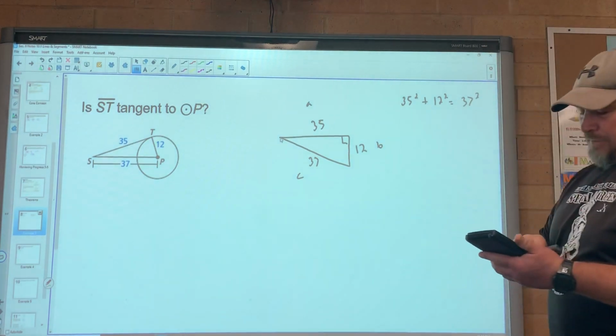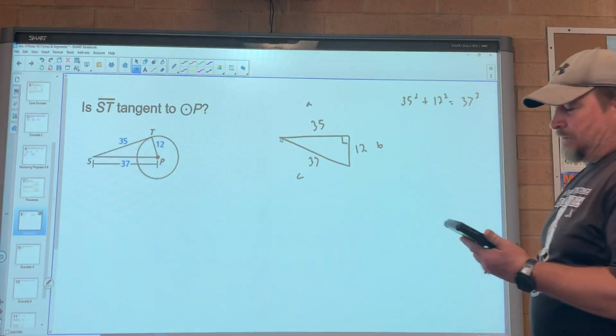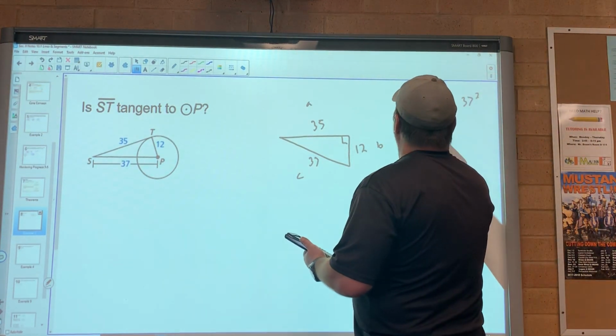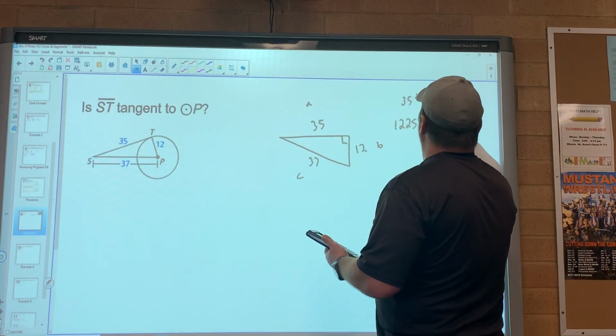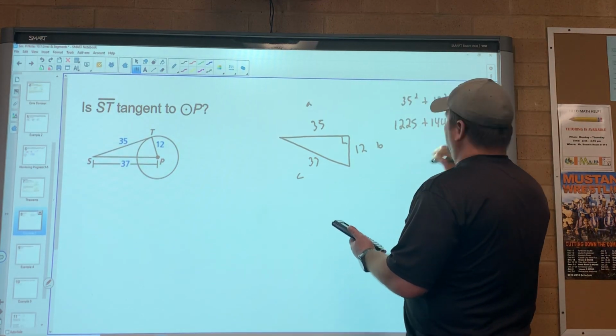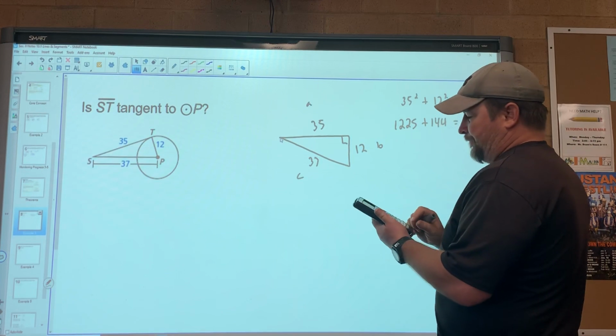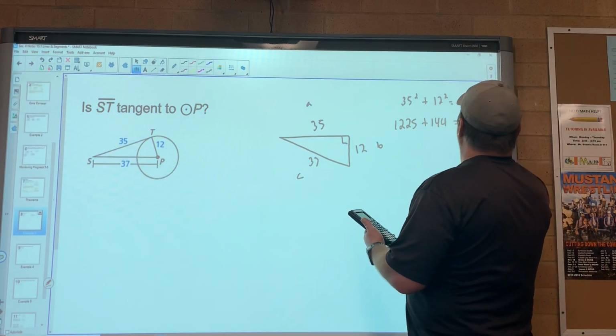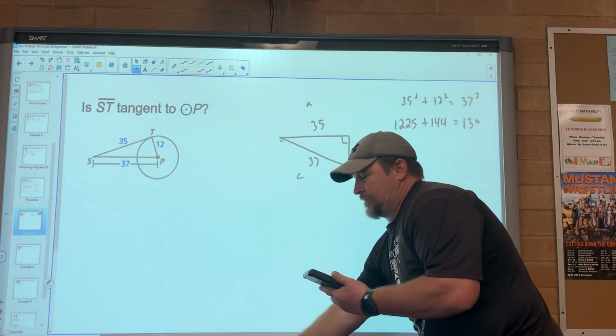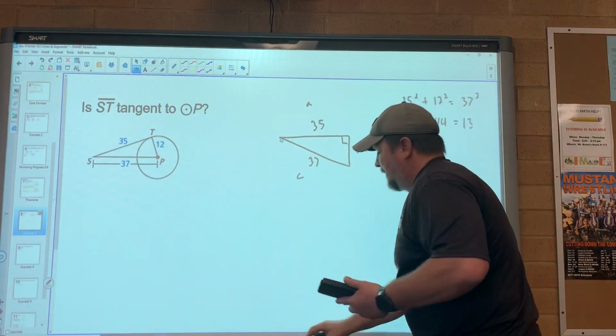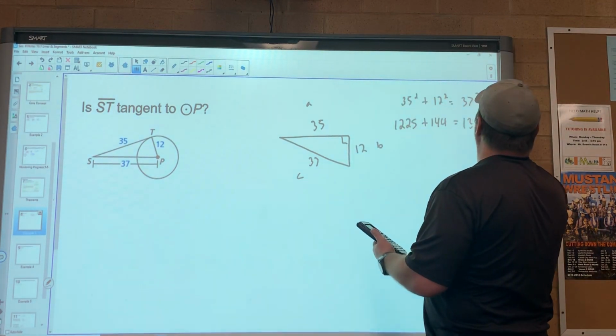We'll do our math. 35 squared is 1225 plus 144 equals 37 squared, 1369. So 1369 is the number we're looking for.